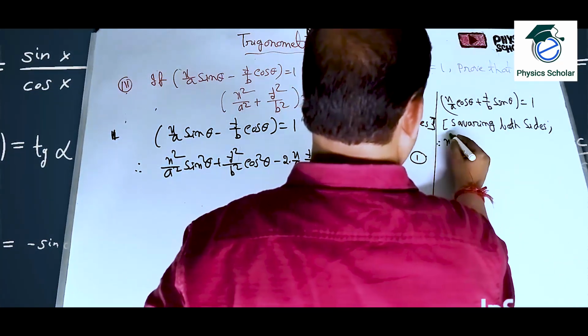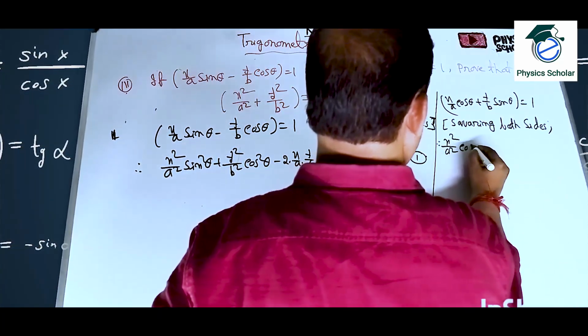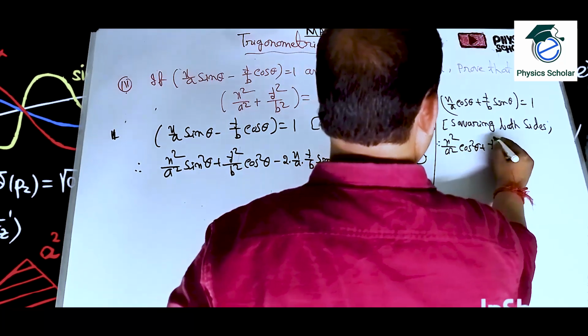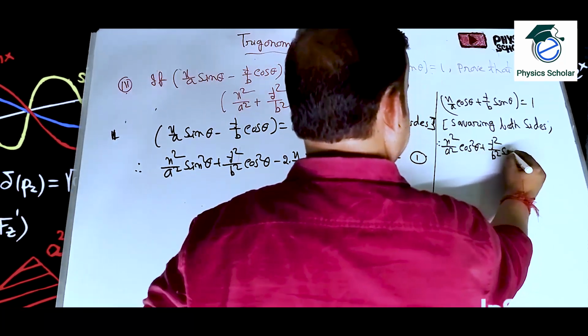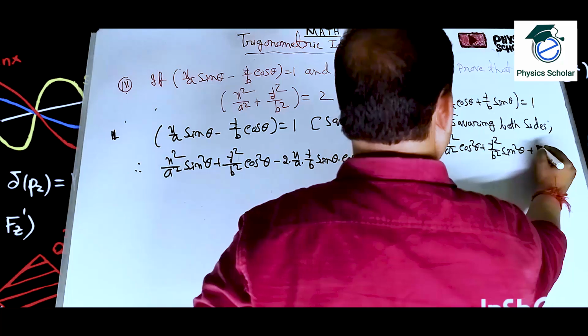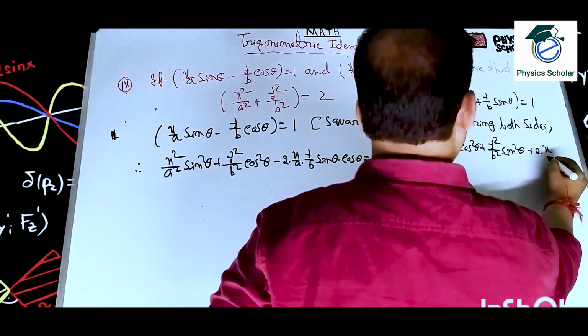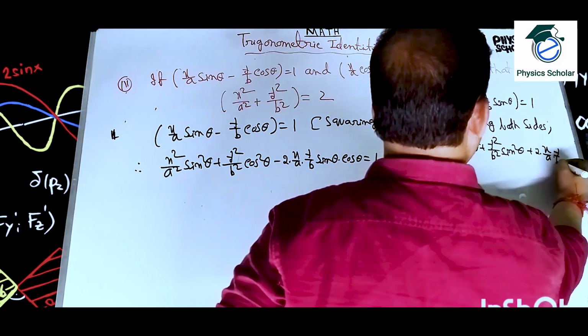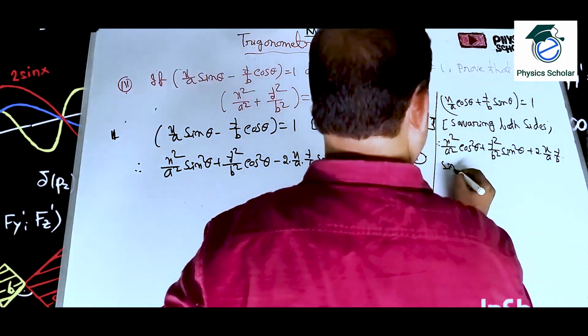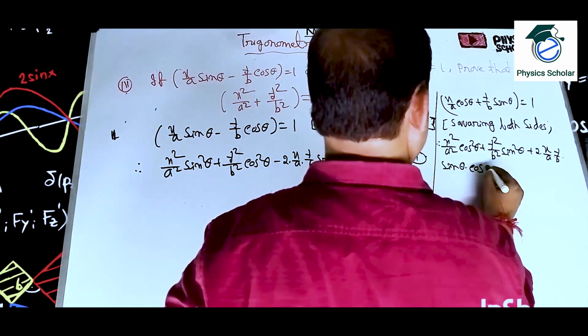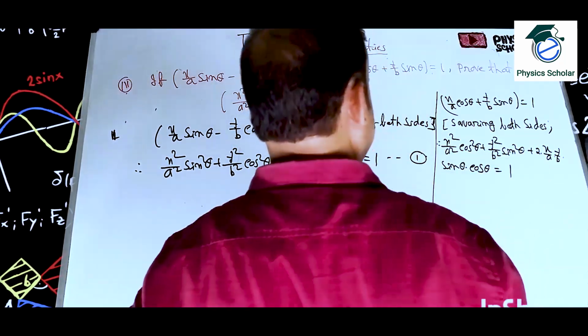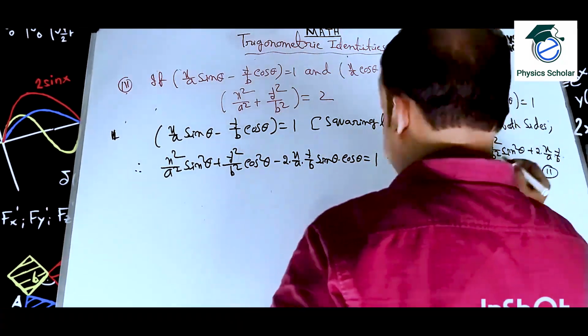So that means what? x square by a square cos square theta plus y square by b square sin square theta plus 2 into xy by ab sin theta into cos theta is equal to 1 square, means 1. It is number 2 equation.